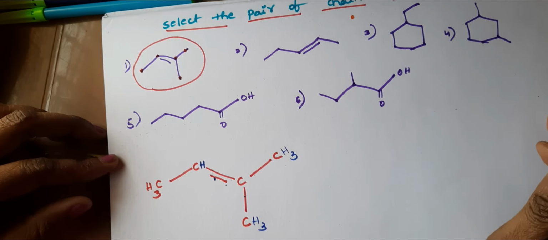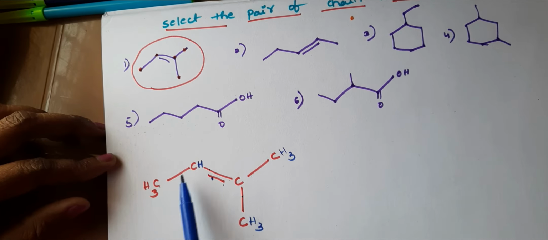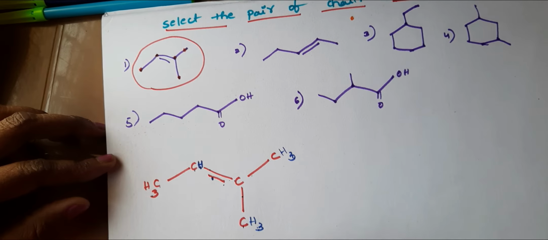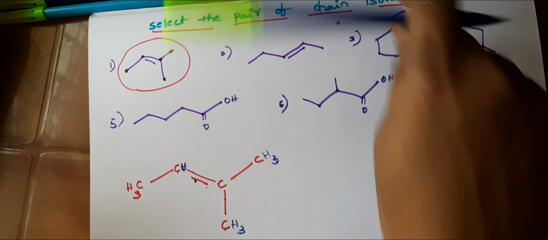So this is the actual structure. See its molecular formula: 1, 2, 3, 4, 5, total 5 carbons. And count the hydrogens: 3 hydrogens, 4, 5, 6, 7, 8, 9, 10. So it has C5H10 molecular formula.